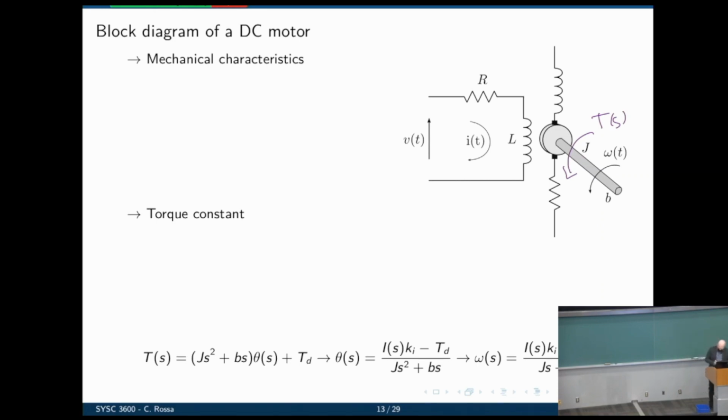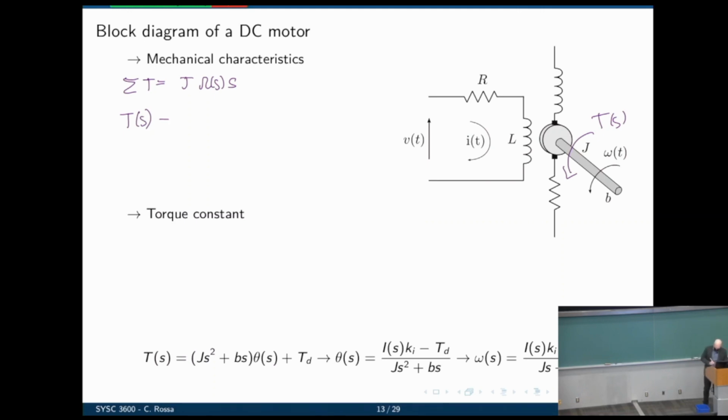We can now do the sum of all torques equals angular acceleration times inertia. So the sum of torques equals inertia times angular acceleration, which is the same as J times omega s times s, the derivative of the speed. The derivative of the speed is the angular acceleration. And what are all the torques acting here? Well, first of all, we have the torque that comes from the electrical part.